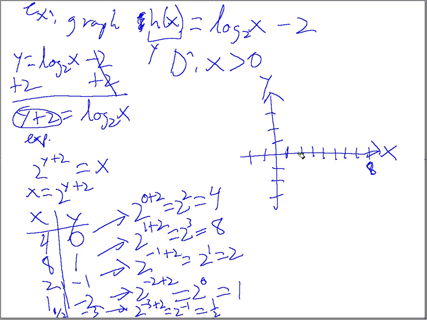So 1, 2, 3, 4. All right, 4, 0. And let's see here, 8, 1. All right, 2, negative 1, so 2, negative 1, all right. And let's see here, 1, negative 2, so 1, negative 2 is down here, and 1/2, negative 3, so 1/2, negative 3.